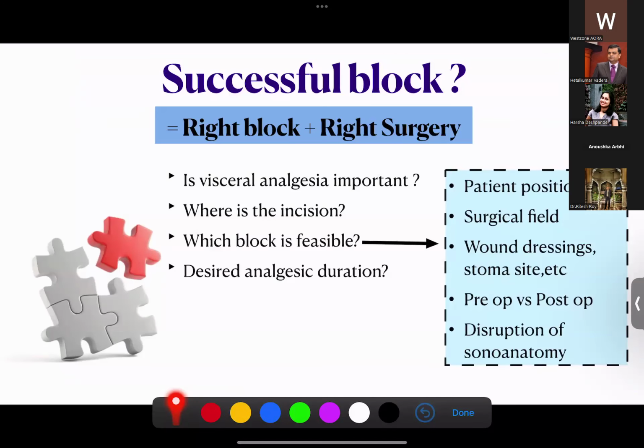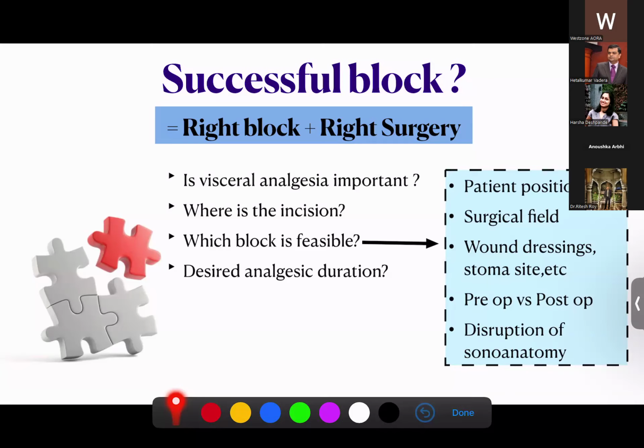Now, how do we decide which block? For a successful block and successful analgesia during the surgery, we have to decide which block is right for which surgery. For that, we have to ask some questions before planning the block. First, is visceral analgesia important? We have to remember that the fascial plane blocks do not cover visceral analgesia and cover only the somatic component.